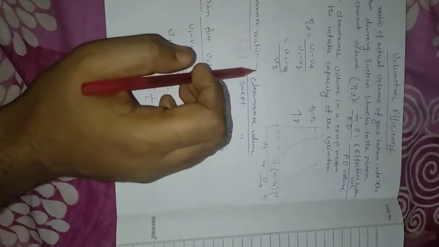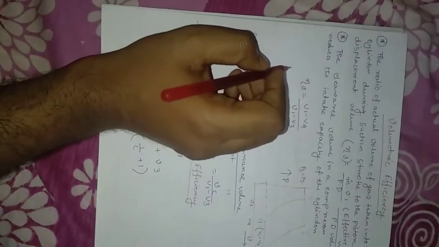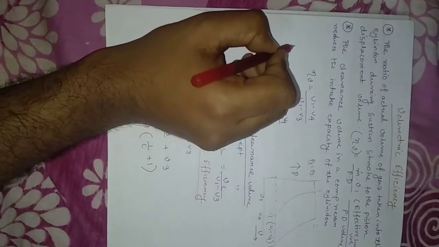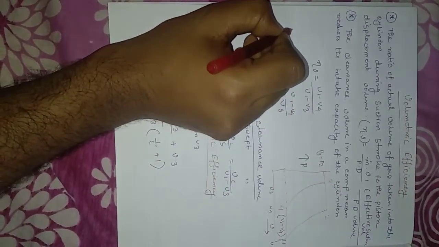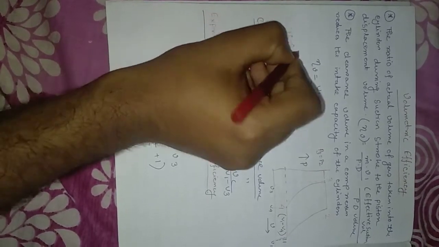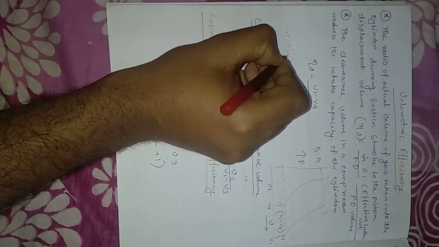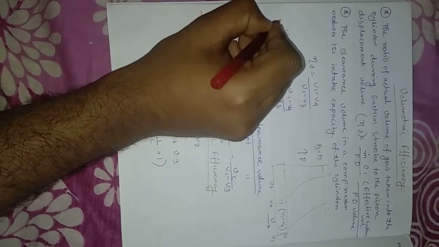Now, we already know the piston cylinder assembly clearance volume, that is basically 1 plus C minus C. You have to prove that P2 by P1 to the power 1 by n.